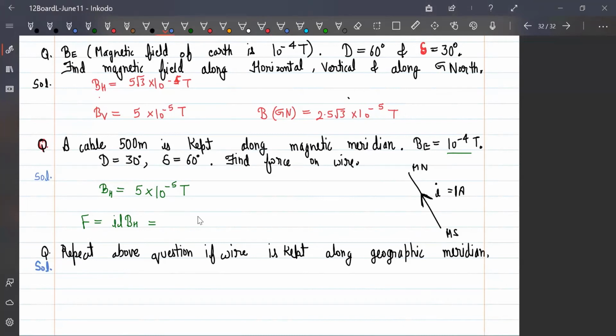Sir, 1 second. Sir, 25 into 10 raised to minus 3. I will do 500. So 2500. So 2.5 into 10 raised to minus 2.